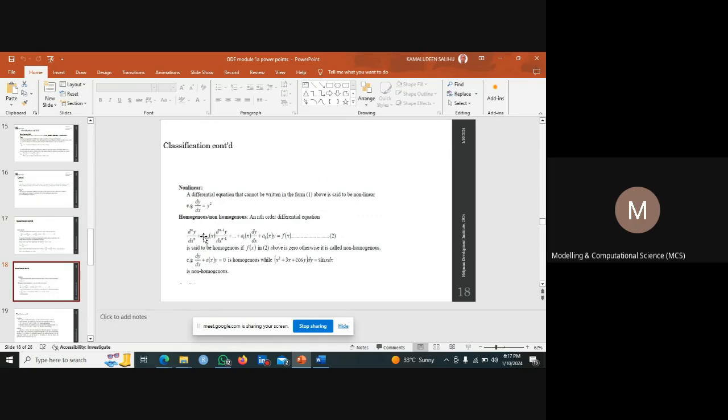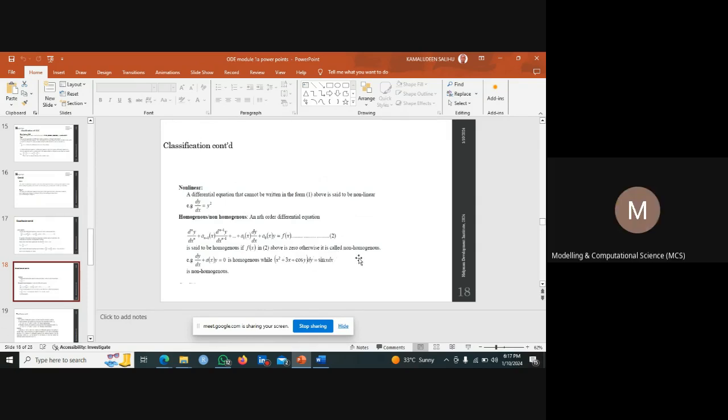Then homogeneous and non-homogeneous differential equations. Any equation that can be written in this form, with all we had before equal to f of x, is said to be homogeneous if f of x in this equation is 0.